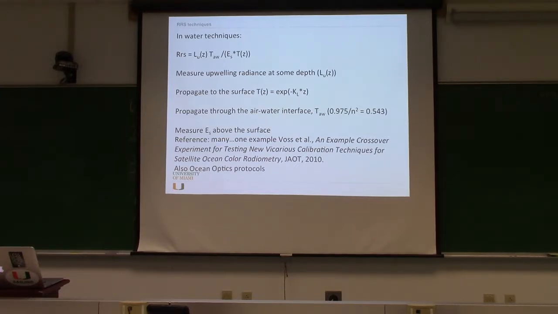The number typically used is 0.543. In general, that seems to work pretty well. If you get really good at it and want really low uncertainties, there's actually a spectral dependence on that which you should probably use. But in general, that's a good number.